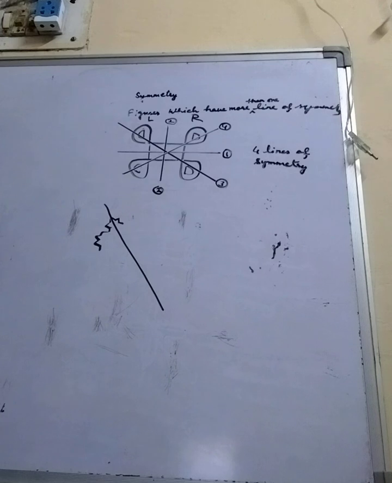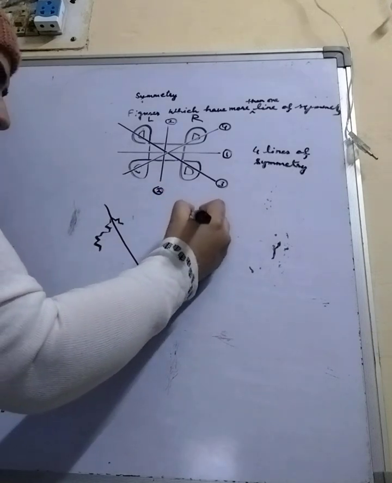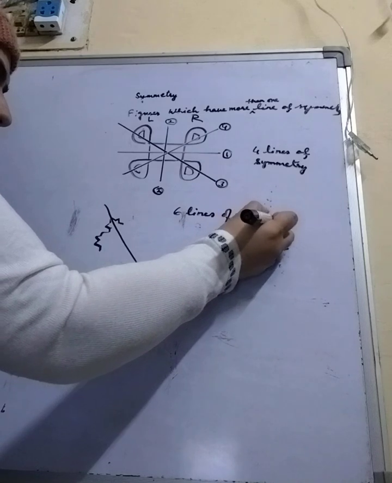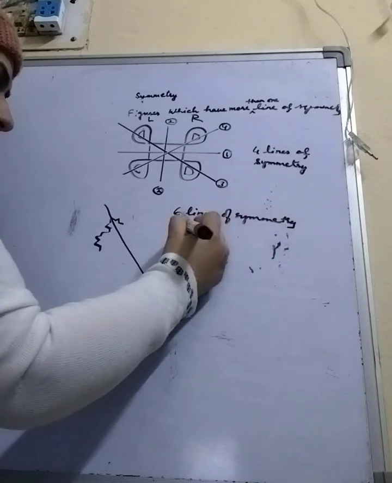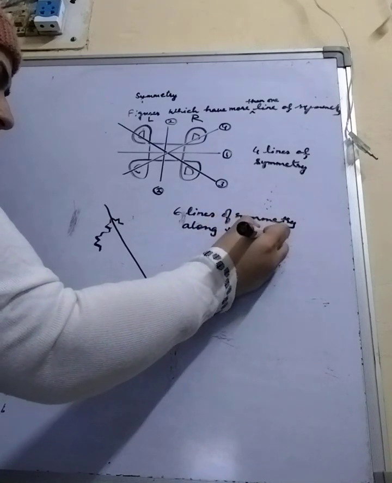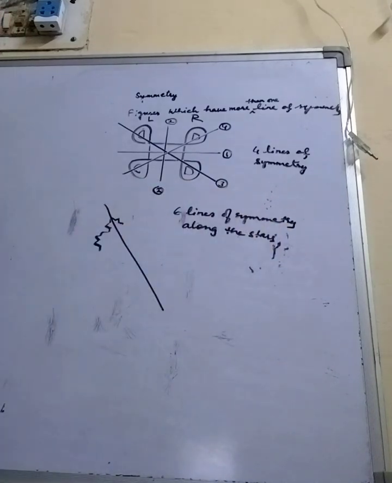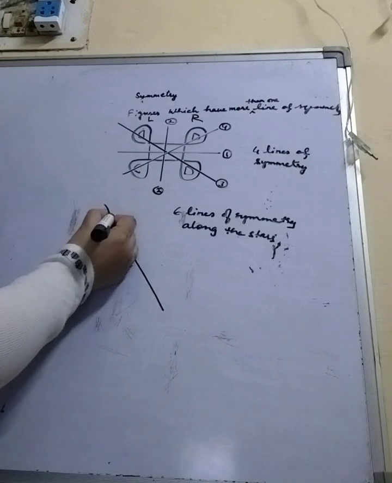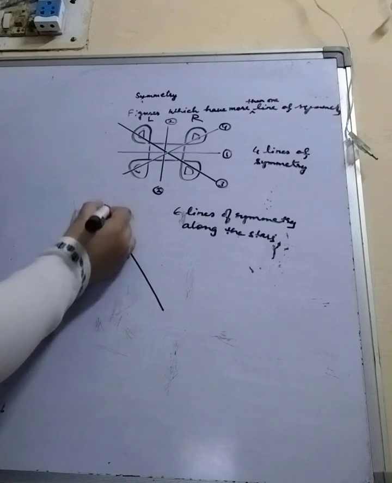So there would be a total of 6 stars, so 6 lines of symmetry along the stars, and then you have one of the bottom points. This is the one point, the upper point along the stars.